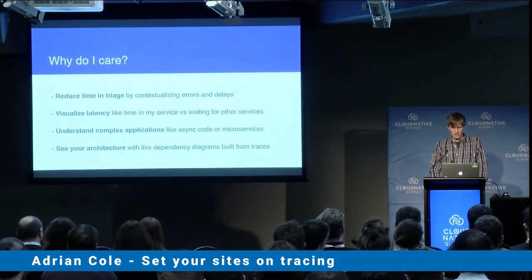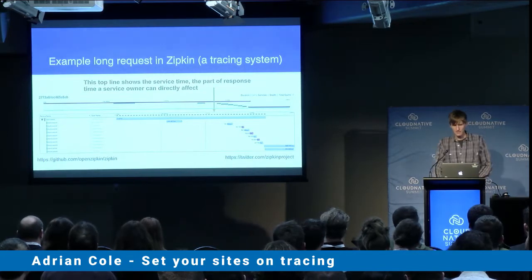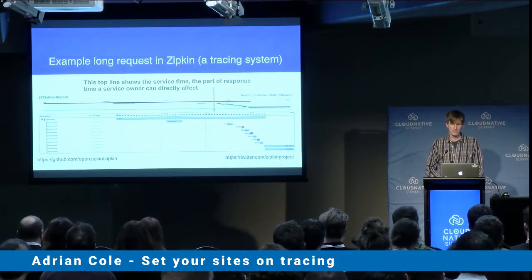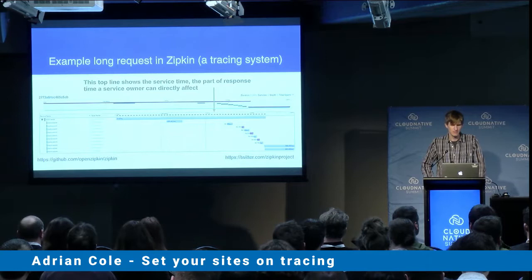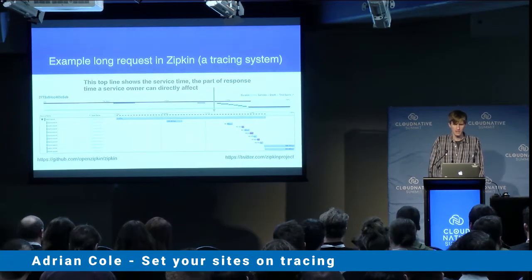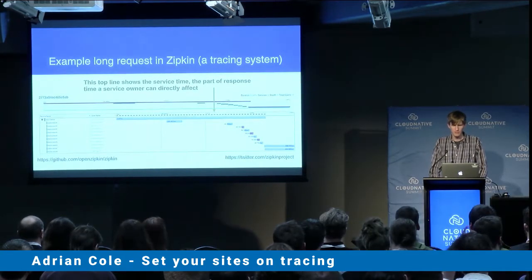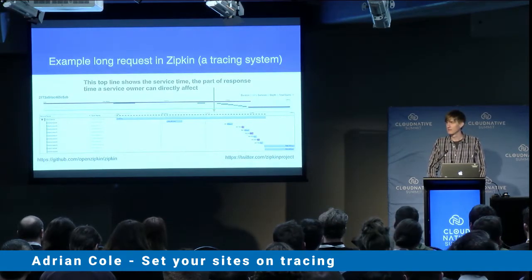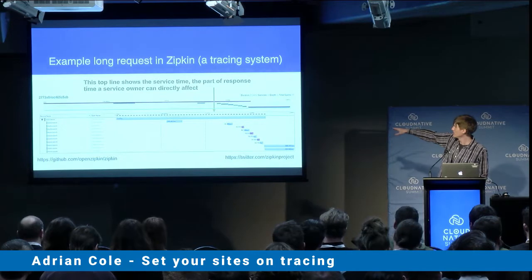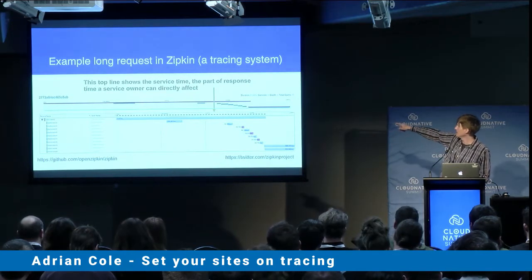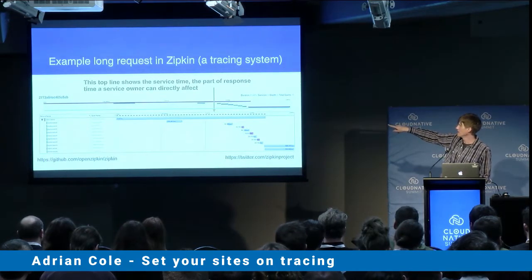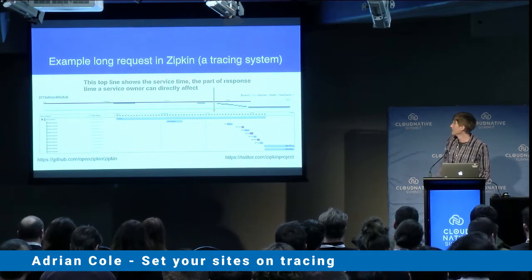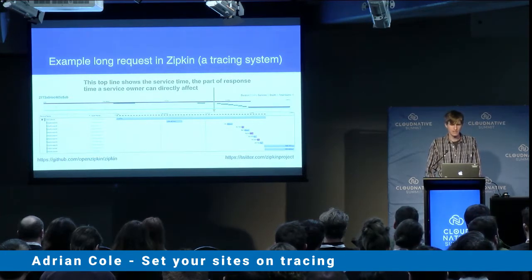And so an example long trace. Zipkin is the name of the system, but we also use the tool ourselves to diagnose our own performance problems. So this is an example of a trace diagram, and the top line is the first service that request hit, and then each of these little steps show either different components or different services.